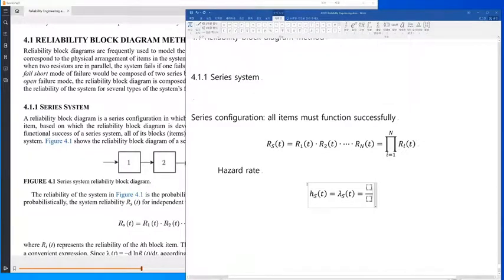From the lecture of last week in chapter 3, the hazard rate is defined as f(t), the probability density function, divided by the reliability function.